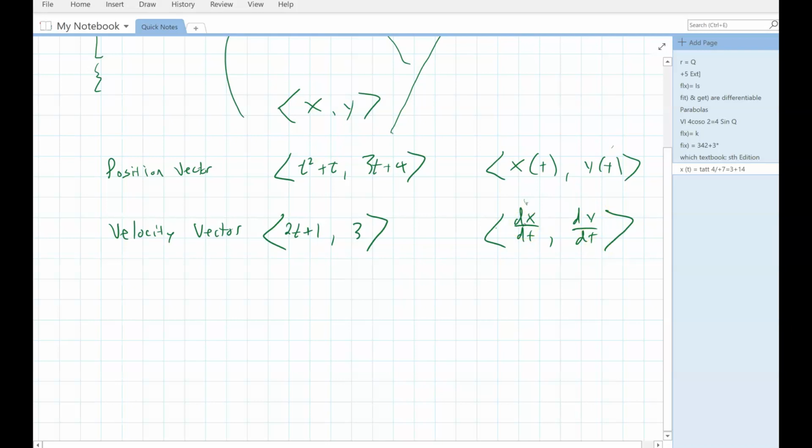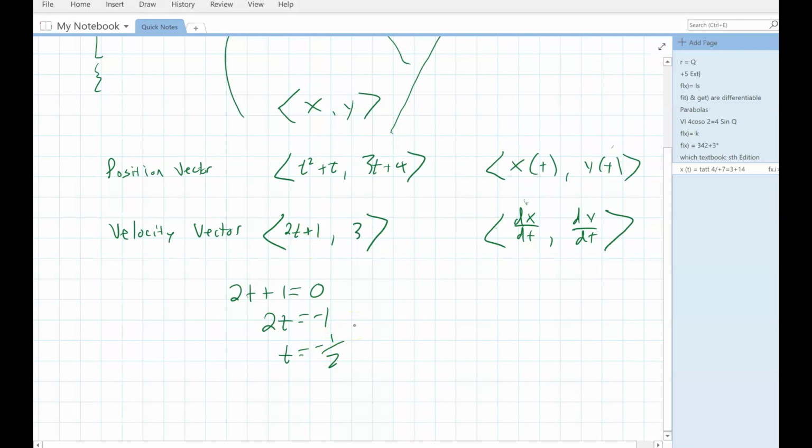They both have to be equal to 0, because you could have dx/dt equal to 0 but dy/dt not, in other words, a particle could be moving strictly horizontally, or strictly vertically. So in this situation, we could take 2t plus 1 and set it equal to 0. That would give me 2t is equal to negative 1, which means t is equal to negative 1/2. So the only time that the particle is not moving in the horizontal direction would be when t equals negative 1/2.